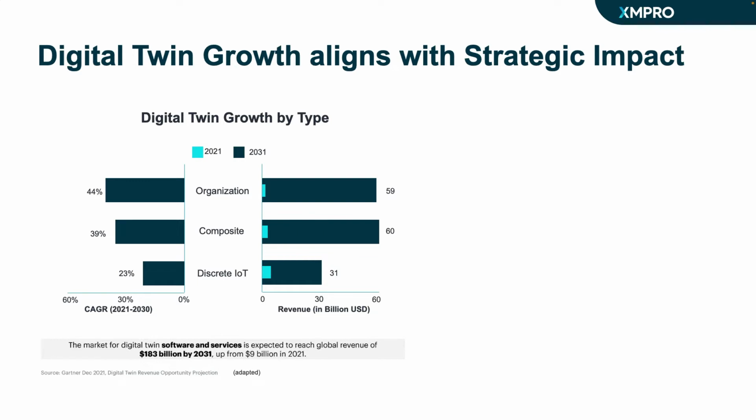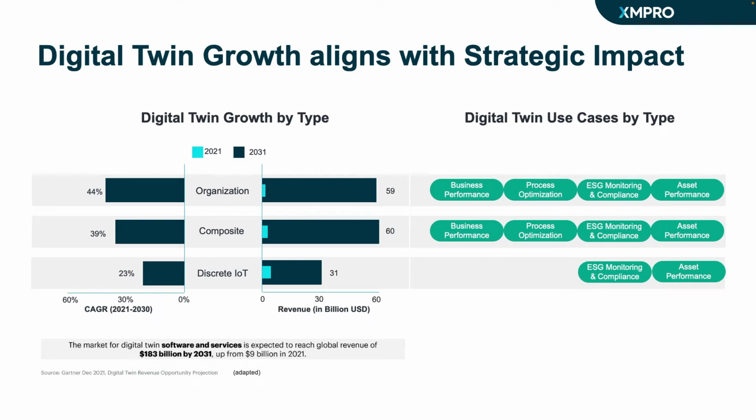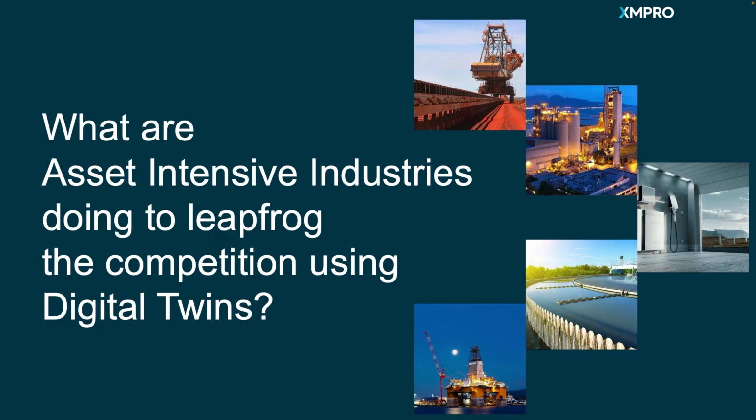It's really interesting to see how they anticipate that grow, and if we align that with the different use case types, I think at the moment we're seeing a lot more of these single, let me build something around a specific asset. But as this goes forward, there's a lot more awareness, and the value will be realized on digital twins as we start building out to higher levels and help drive better decisions from a strategic point of view. So I thought that was just interesting how that aligned with what we're seeing.